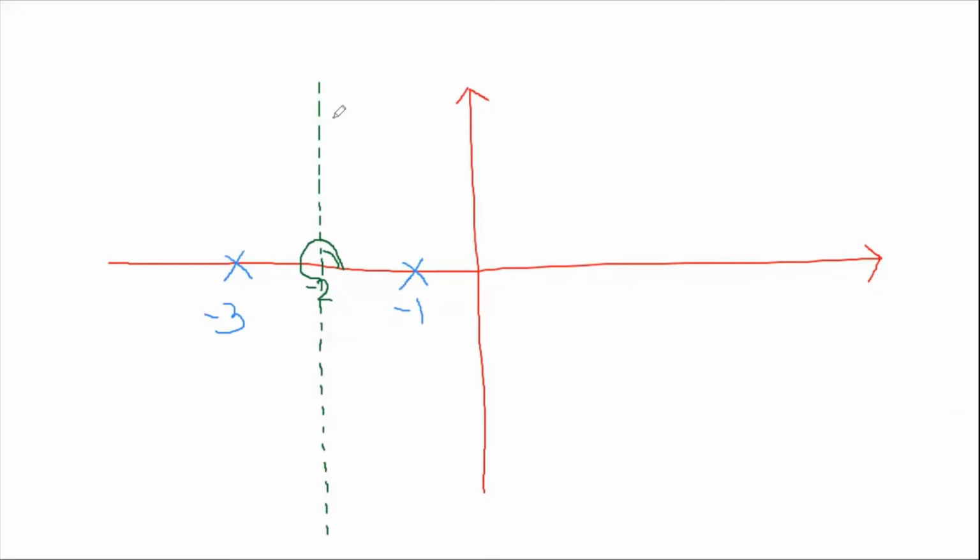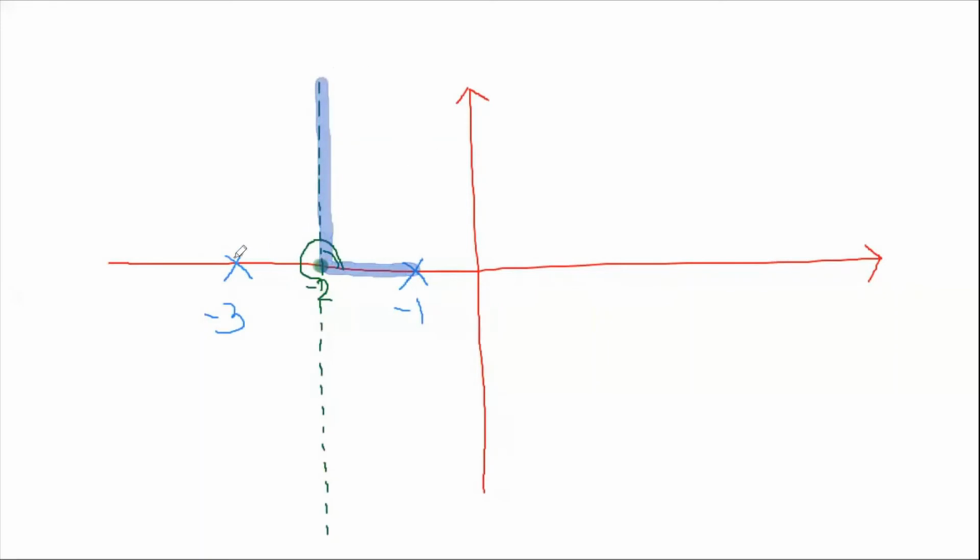Yes, sir. Okay, so breakaway is minus 2. So this is breakaway here. Now we will draw the root locus. The root locus starts from here and one branch follows parallel to the one asymptote.